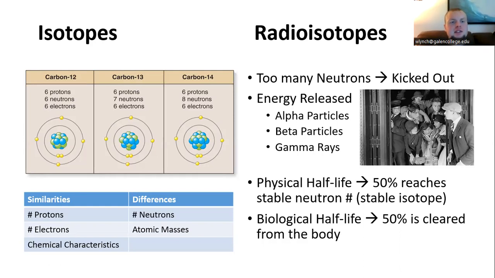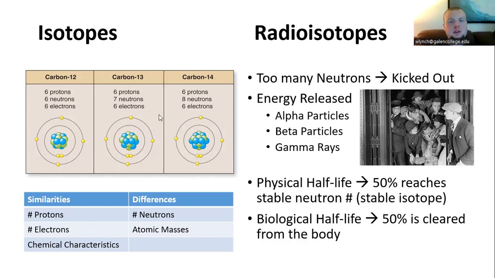If we were to change the number of neutrons to 7, that is not going to be equal to 6 protons and 6 electrons anymore. So the atomic mass is now going to be 13 instead of 12. Carbon 12 has 6 protons and 6 neutrons, equaling 12. Carbon 13 now has 7 neutrons.